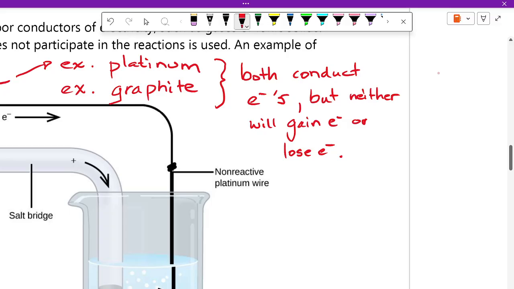Do you guys remember why graphite is conductive? Yeah. It is a covalent network, okay? And they're in sheets. Yes, absolutely.